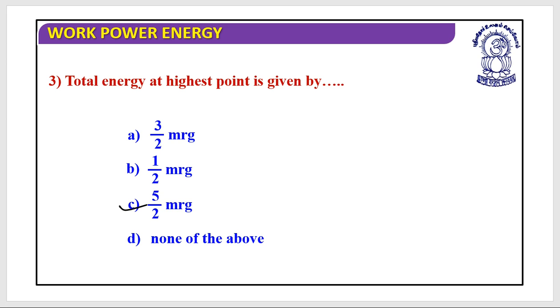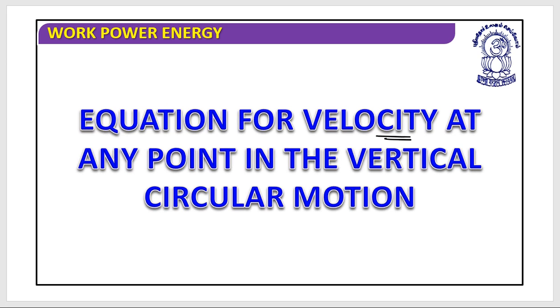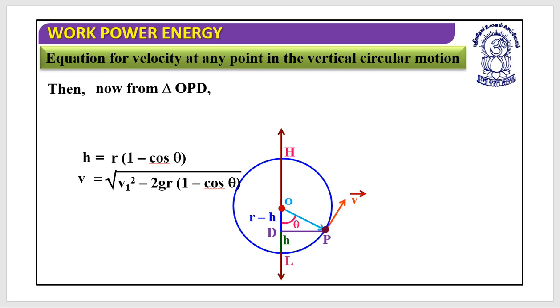So now I am interested in the velocity at any point in the vertical circular motion. Let's check how I'm supposed to do this, because this is important and required. If I want to find out the velocity at any location, I must be able to write this down. So let's check the equation for velocity at any point in the vertical circular motion.